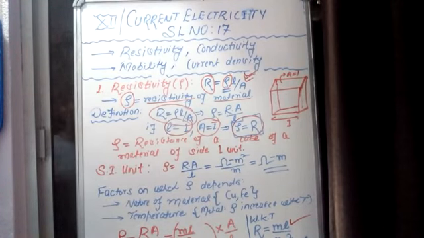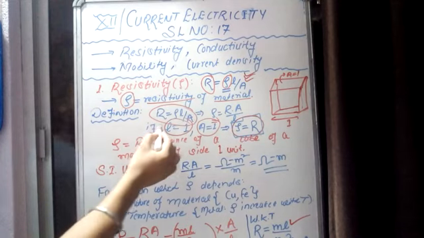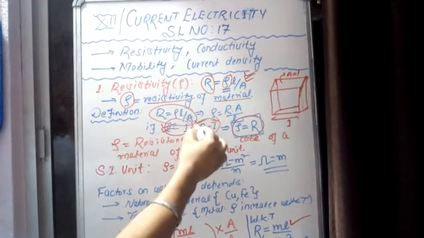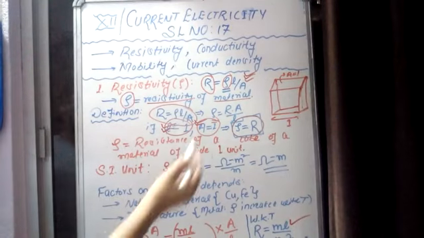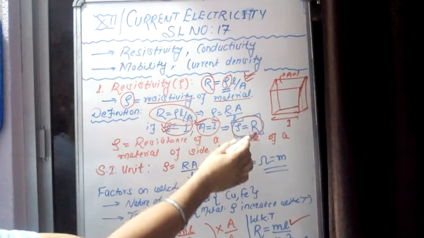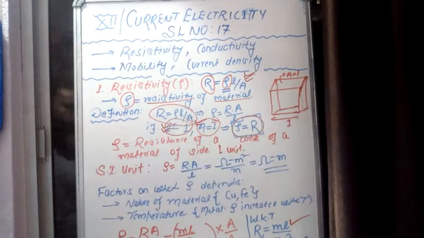Can we say that the resistivity is resistance but under certain conditions? What are the conditions? Condition number 1, the length of the conductor is 1, and the area of cross section of the conductor is equal to 1. In that case, the resistance of the material is its resistivity.